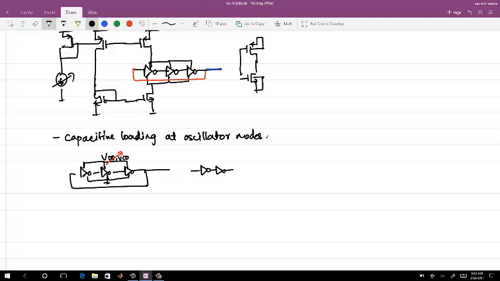So I will put a buffer whose VDD is the same as 1 volt, for example. And I said that I need to put a cap in between so that I am not restricted by the common mode change at the oscillator output.